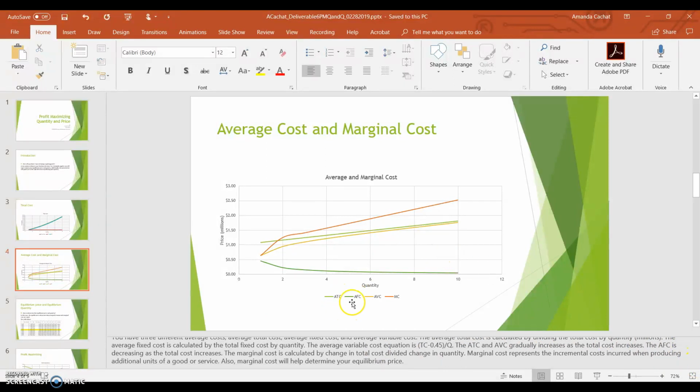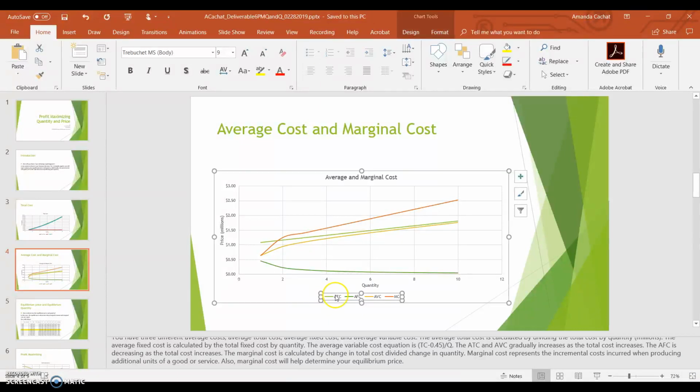So as you can see, the average total cost is the light green line across the graph, and you can see how it starts off at the 0.45, but it gradually decreases. And then the average variable cost is increasing as the total cost increases.